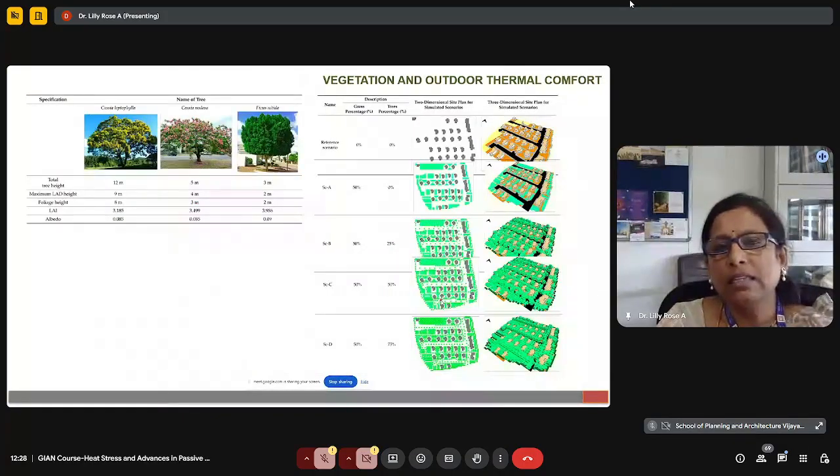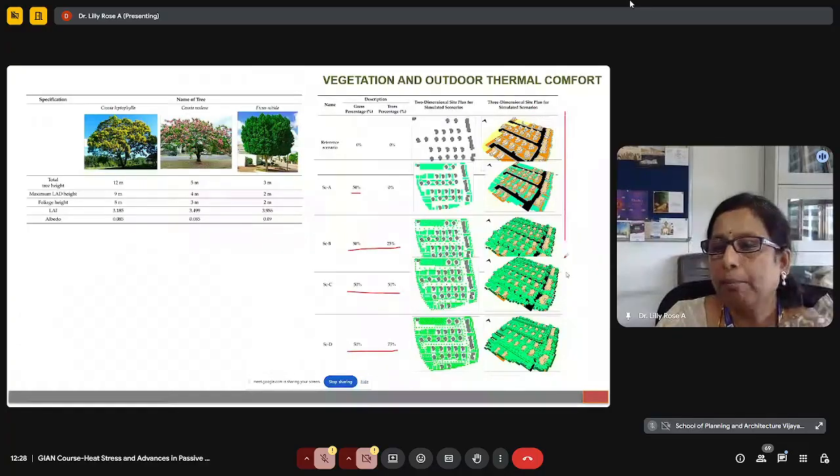So again, these are different strategies wherein first in a neighborhood they improved only 50% grass cover. The second scenario is 50% with 25% green cover. Then the third one 50% ground cover and 50% green cover, and 50% ground cover and 75% green cover.